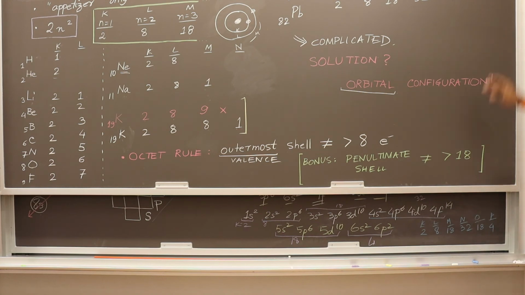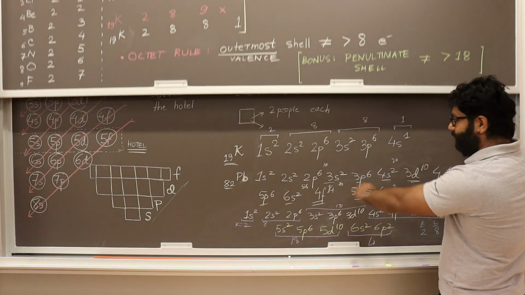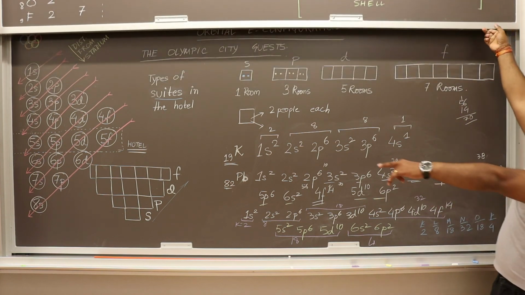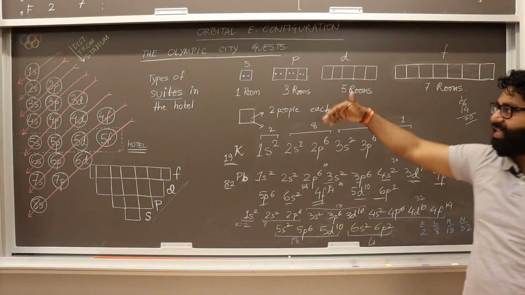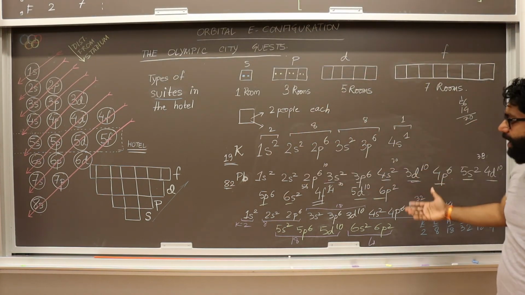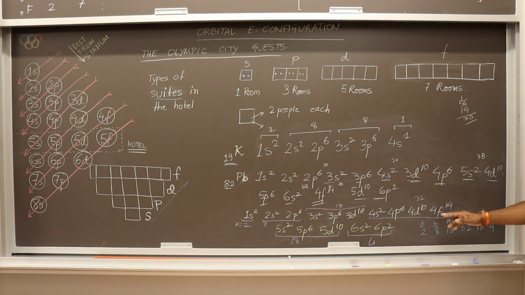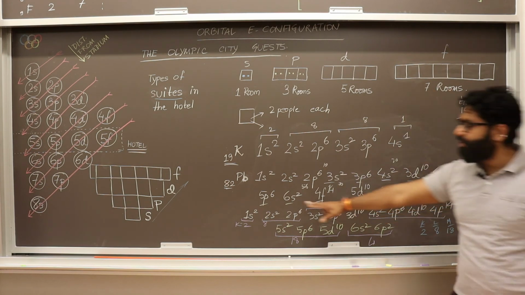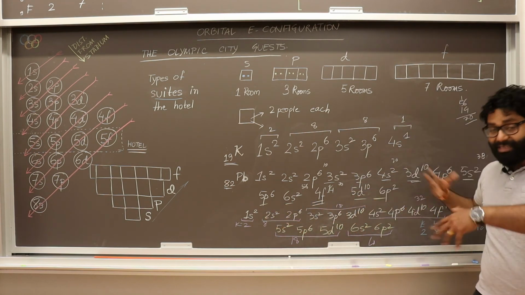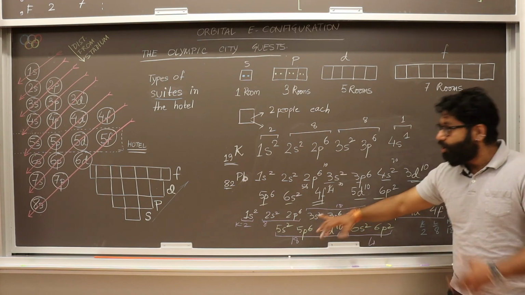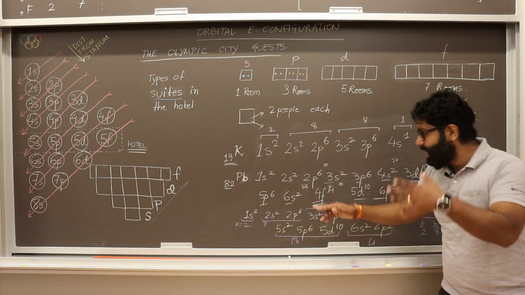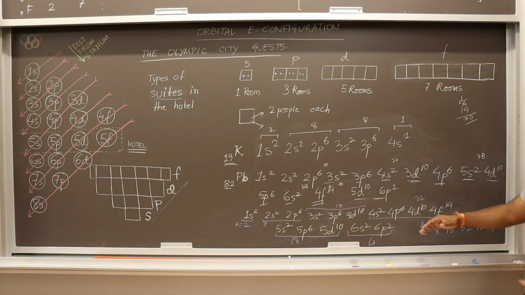So this was complicated, but doing this was not, because we followed a typical order of filling in the orbitals, and we got to a point where we have all the 82 electrons separated in the different orbitals. Then we arranged the orbitals in terms of their shell numbers, and we sum these electrons and we get this.